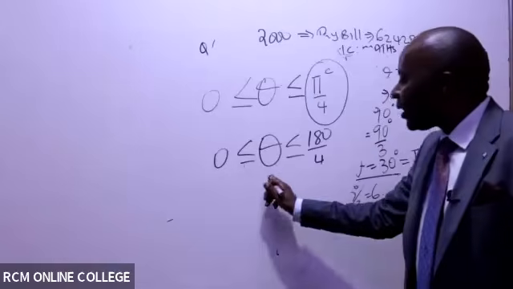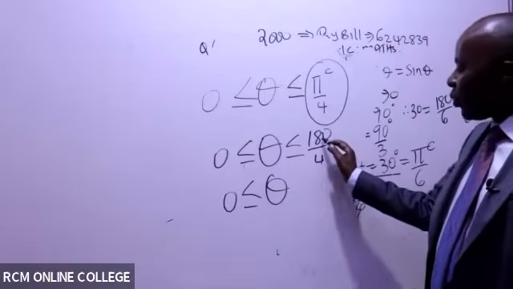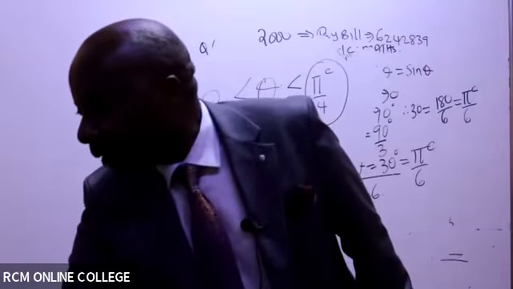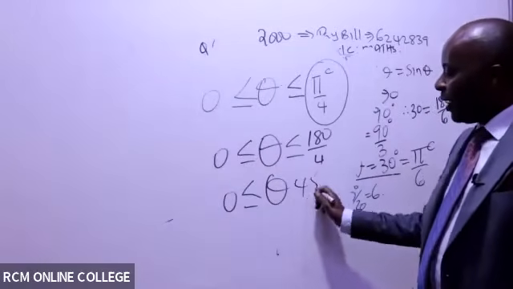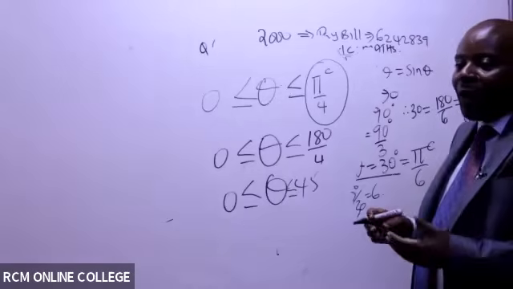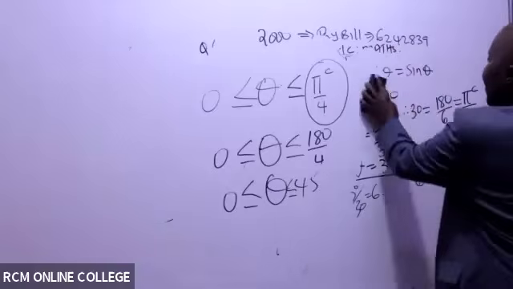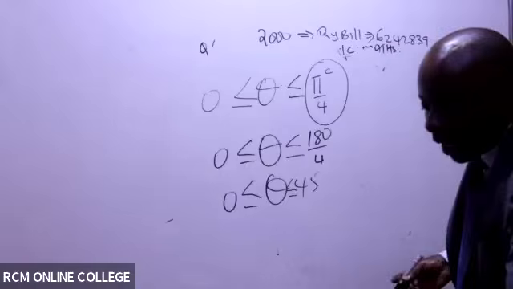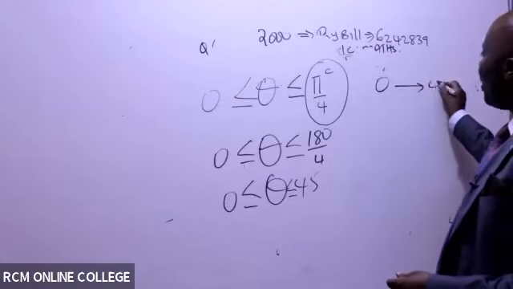So my theta will be greater or equal to 0. Ladies and gentlemen, in this case, what is 180 divided by 4? Those aggressive students of mine, what is 180 divided by 4? 45, isn't it? Less or equal to 45. Then now we can ask ourselves the question. Now you can see in this case the number line. Our number line for our theta runs from 0 all the way to 45.